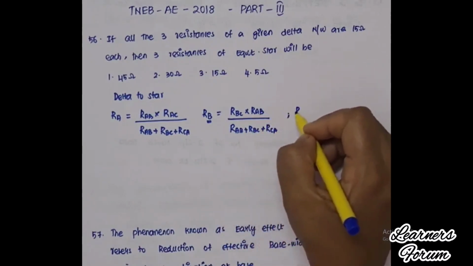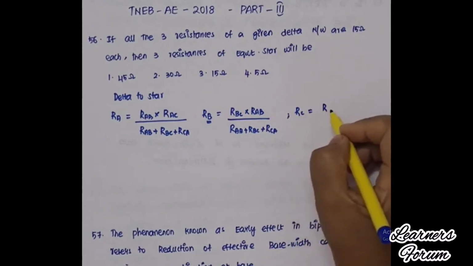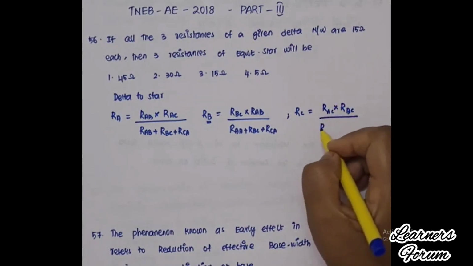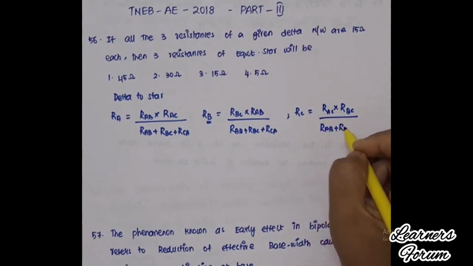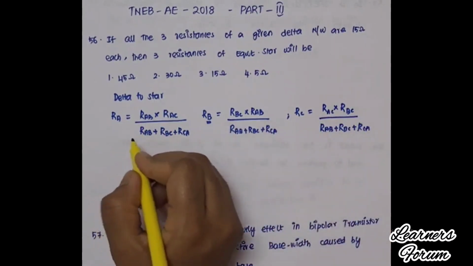Next for the third resistance RC, in the numerator it will be RAC into RBC divided by RAB plus RBC plus RCA. So this is the formula for delta to star conversion.